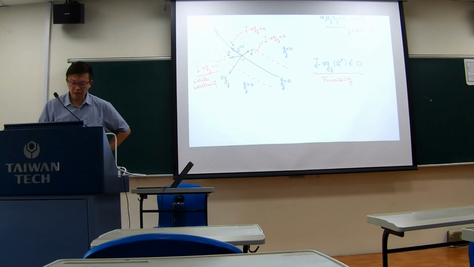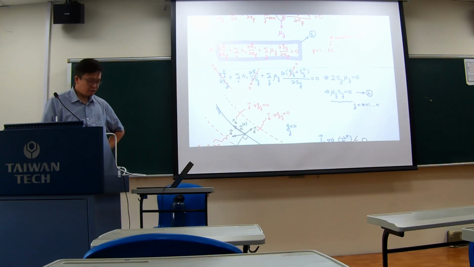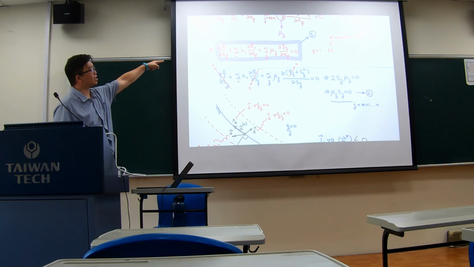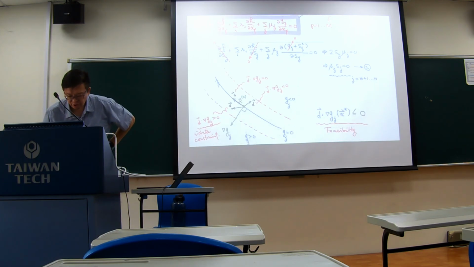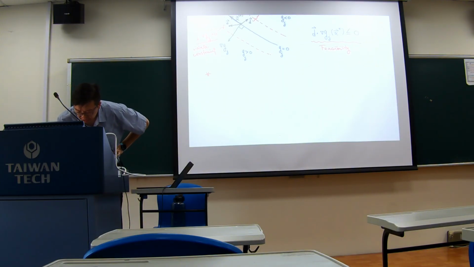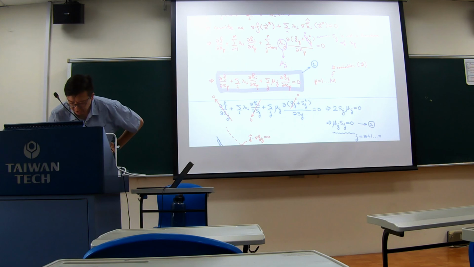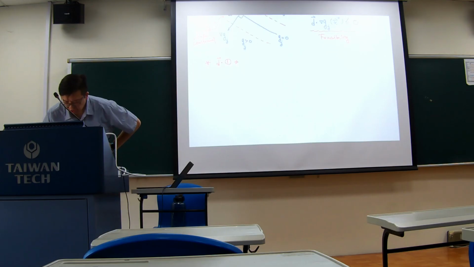So now I'm trying to make a dot product with the first equation I got. Let's try to do this. d dot the first equation. I'm going to copy this first equation with the Lagrange multiplier.